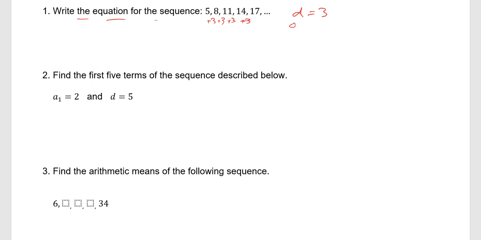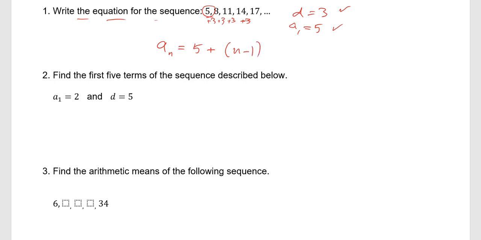And what is our first term? A sub 1 is 5, right? So we have d and we have a sub 1. We can just write our general equation for the sequence. A sub n equals a sub 1, which is 5, plus n minus 1. Why did we leave n as n?